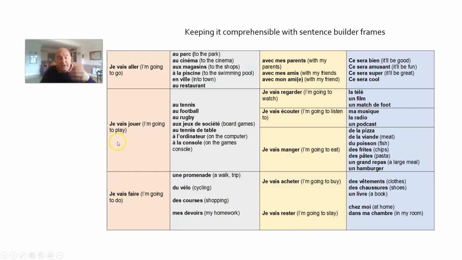Another way to make sure that your language is comprehensible is by taking the sort of sentence builder, the substitution table approach that many teachers are engaging in at the moment, largely thanks to the work of Gianfranco Conti, which both of us have written about in the book Breaking the Sound Barrier, and the Language Teacher Toolkit book as well.